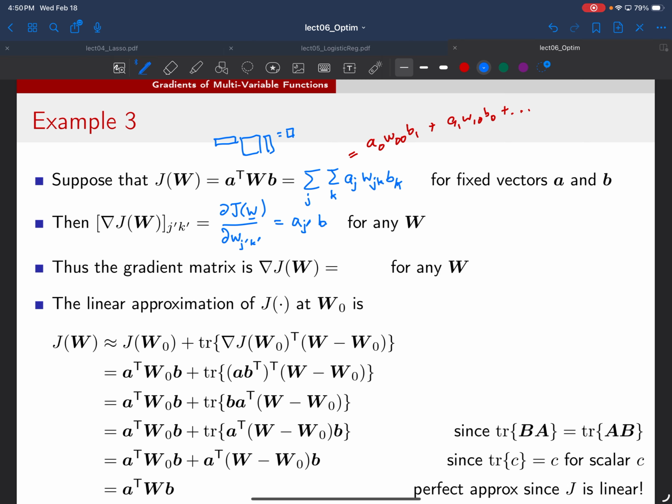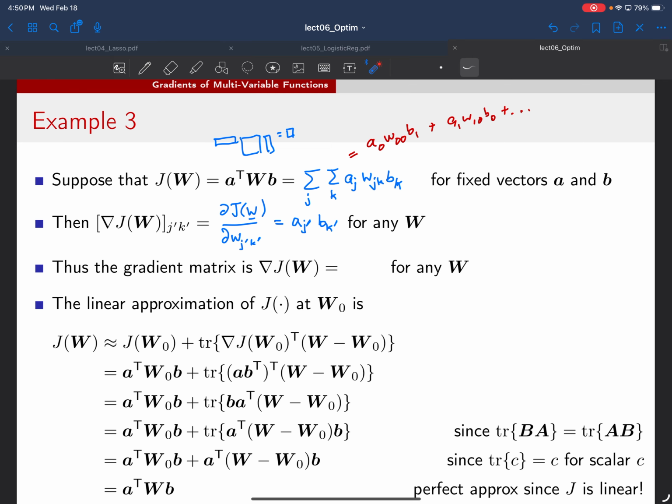And B, K prime. Okay, so that's what we have. And yeah, this holds no matter what W is, right? The value of W doesn't even come into this expression. It doesn't depend on W.